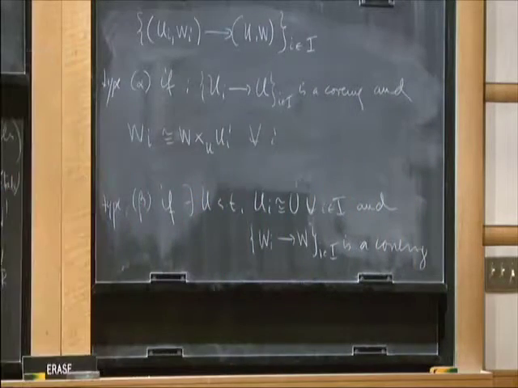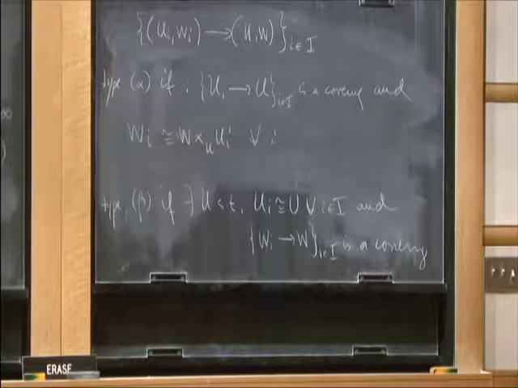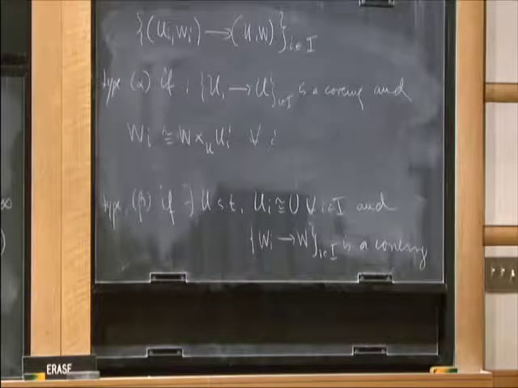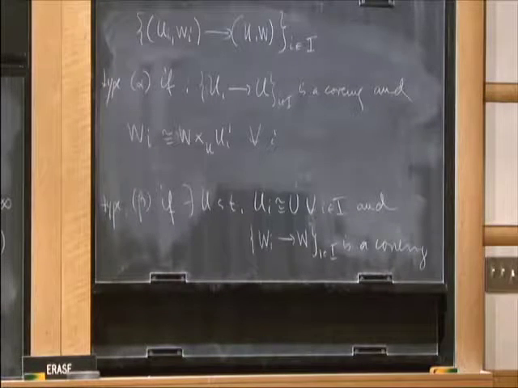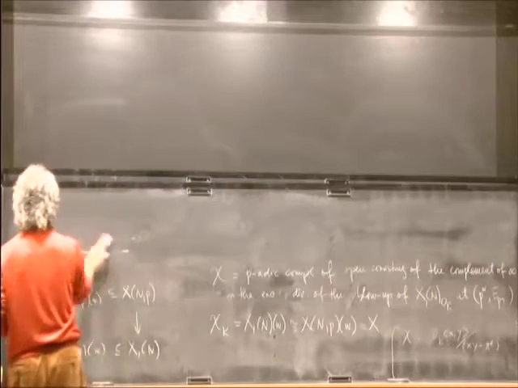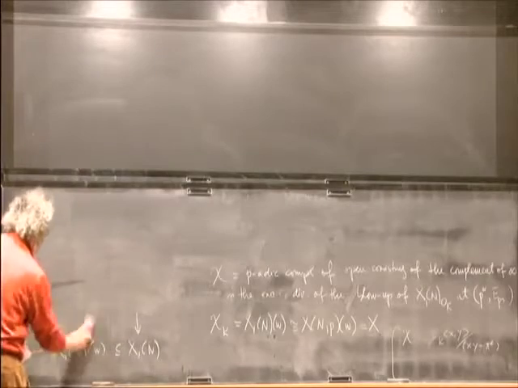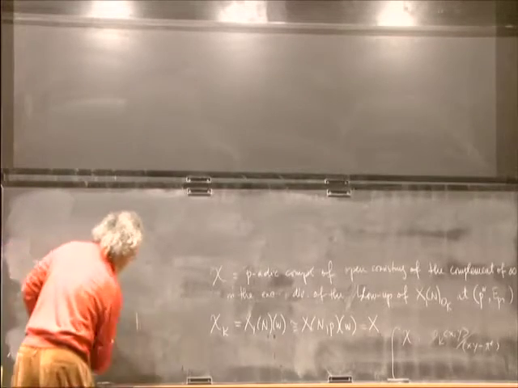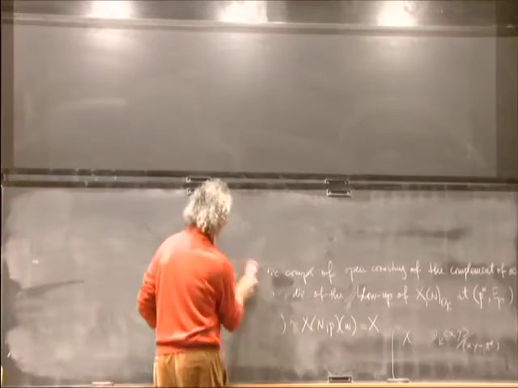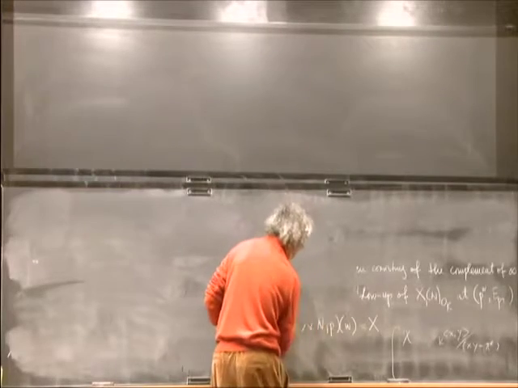We declare the families of these two types coverings, and we take the topology generated by them. In other words, a covering is a composition of a finite number of such families of type alpha or beta.